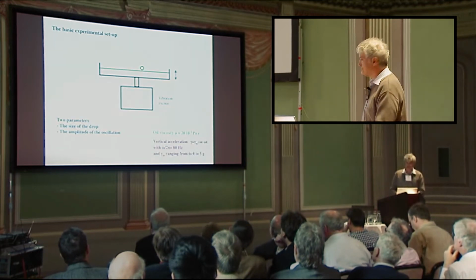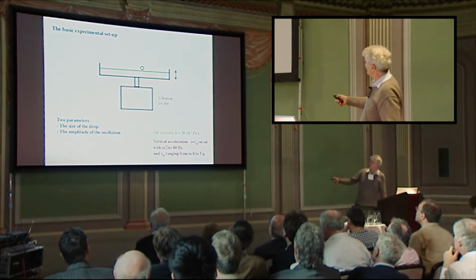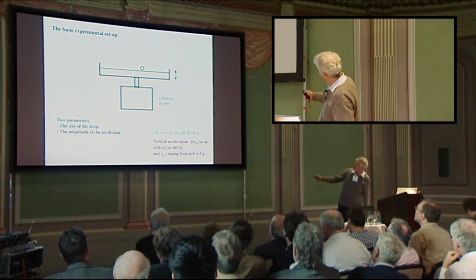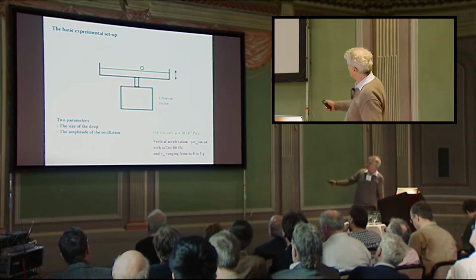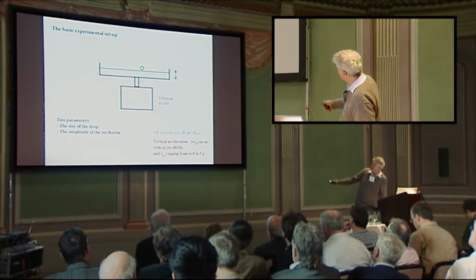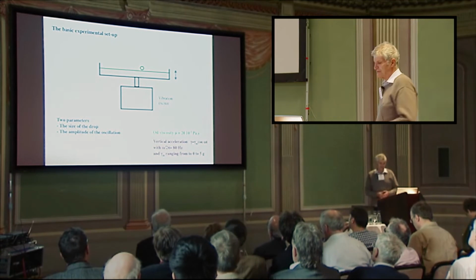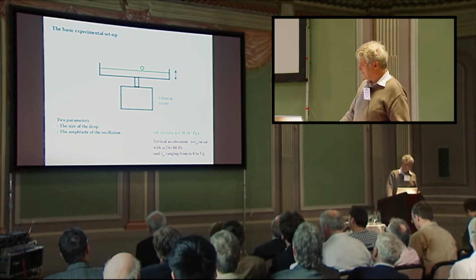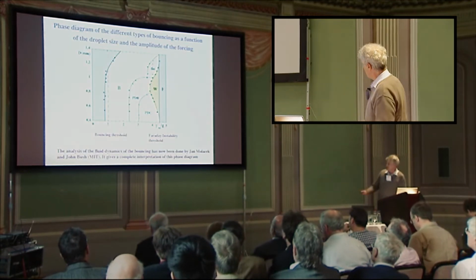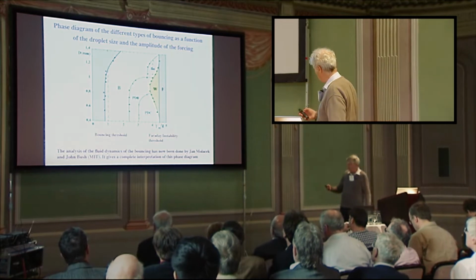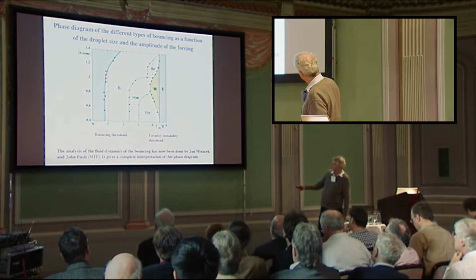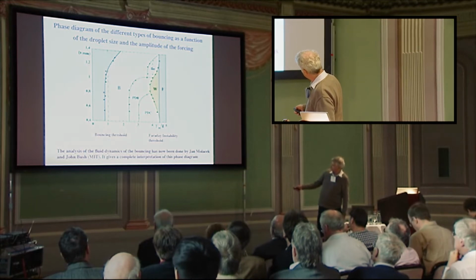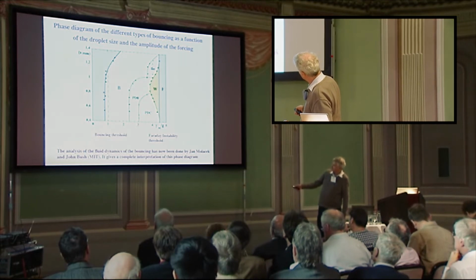You have this shaker, you have a small bath of oil, you shake it vertically, the drop bounces on the surface, and you have two relevant parameters, the size of the drop and the amplitude of the oscillation. So this is a phase diagram of the behavior as a function of size of the drop and acceleration. Most important is acceleration. Below this threshold, there is no bouncing.